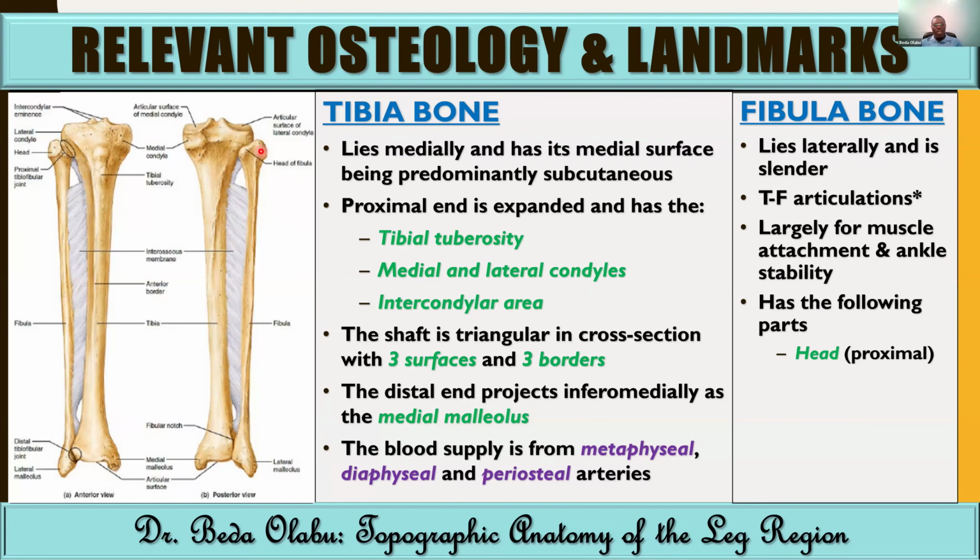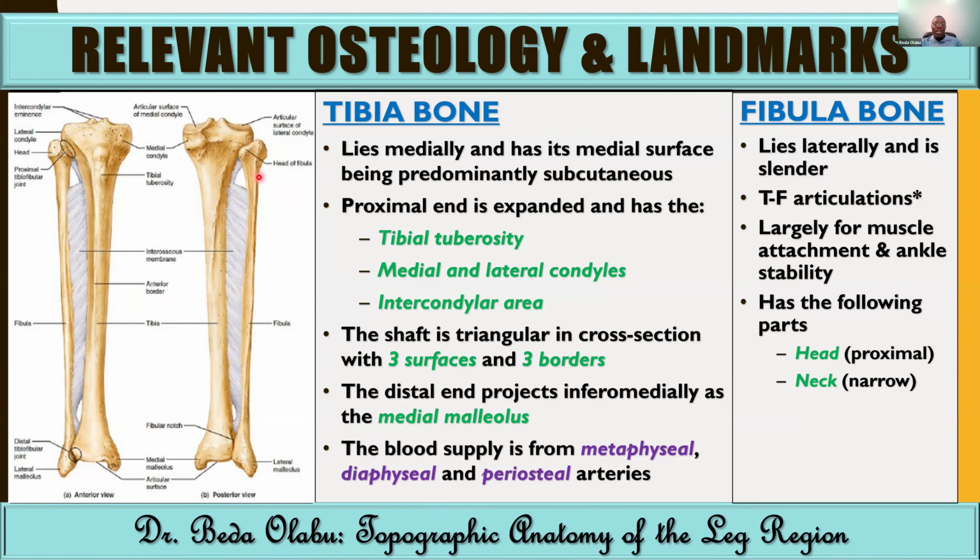Below the head of fibula is that narrow region that we call the neck of fibula. Fibular neck is clinically important because around this point is where the common peroneal nerve turns. So the common peroneal nerve comes like this and winds around here on that lateral aspect, not middle aspect, but lateral aspect there. So the common peroneal nerve winds around perhaps the head and neck of the fibular bone.